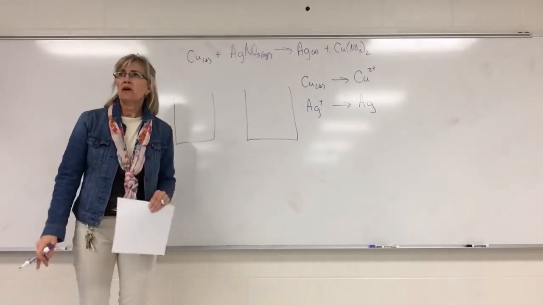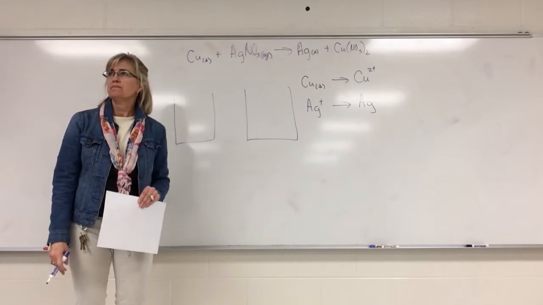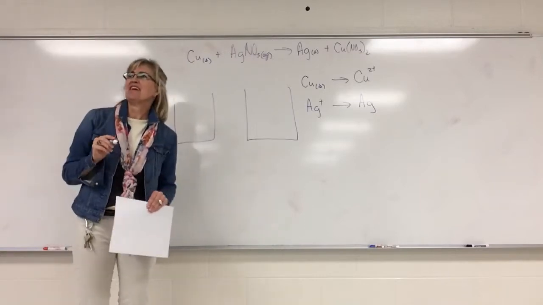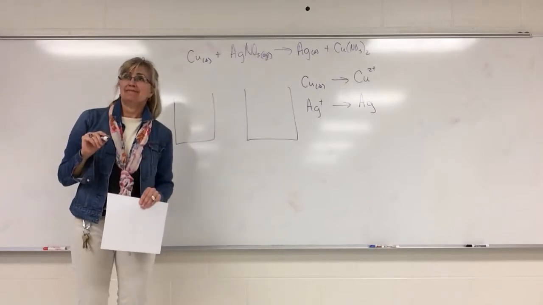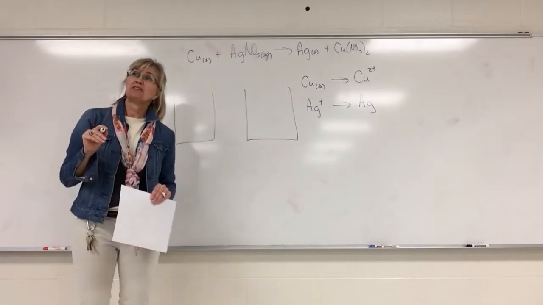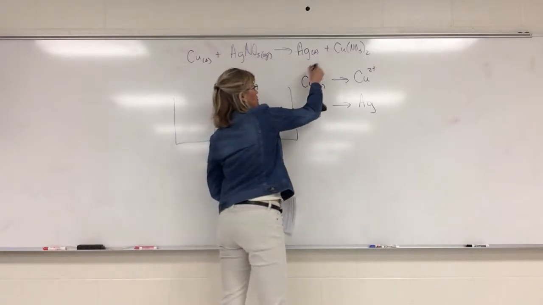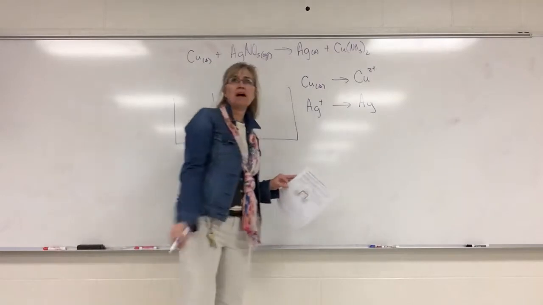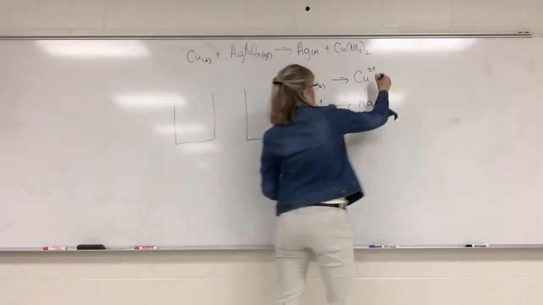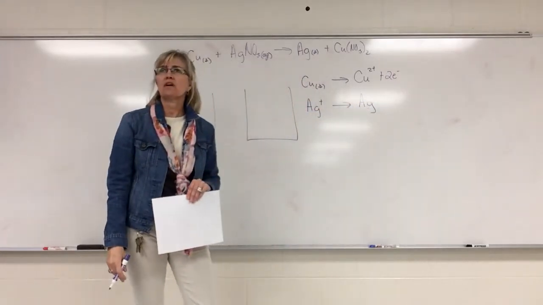Now, we have to figure out which one is oxidized and which one is reduced, correct? All right, well, we go from a 0 to a +2. Remember that we have to balance both mass and charge. So the only thing I can do in balancing charge is by adding electrons to one side or the other.